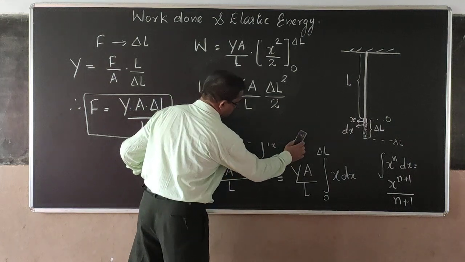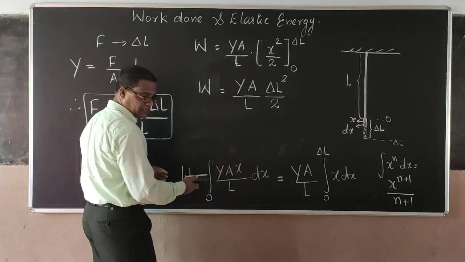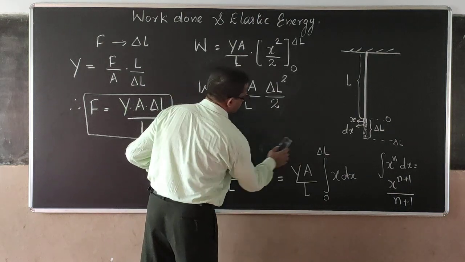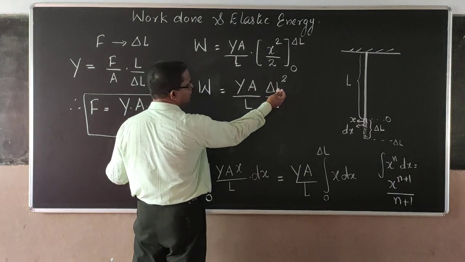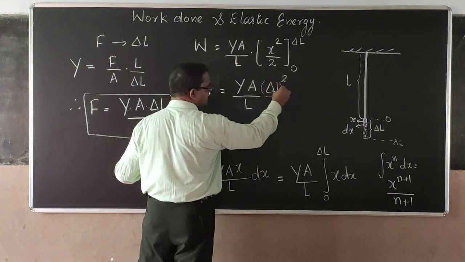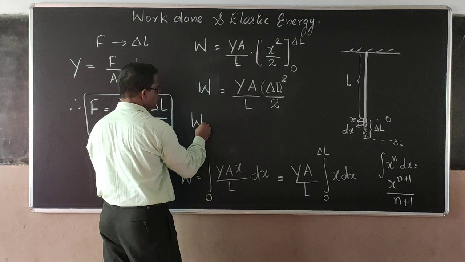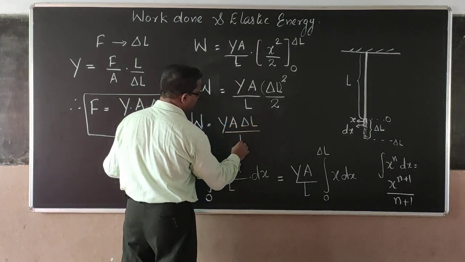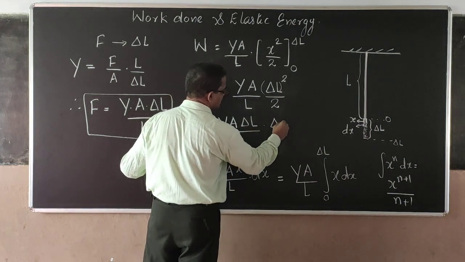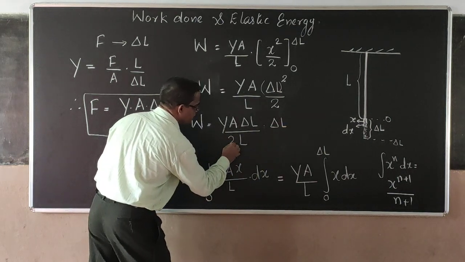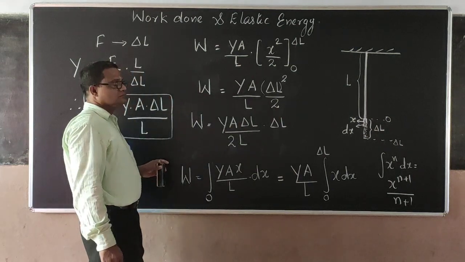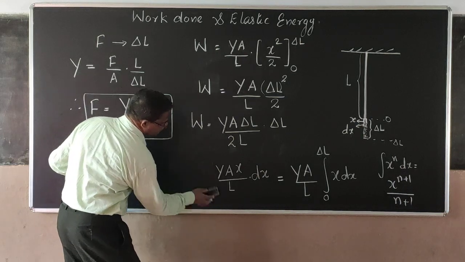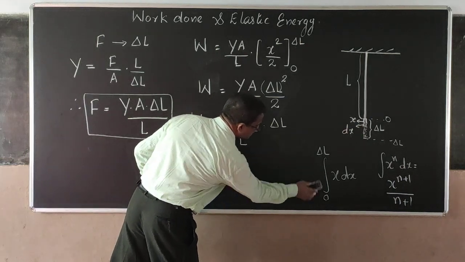Now, as we got the answer for the integration, from this equation, one delta L I take along with Y into A, and I rewrite it as W equal to Y into A into delta L divided by L, into delta L, and here is a 2 coming.